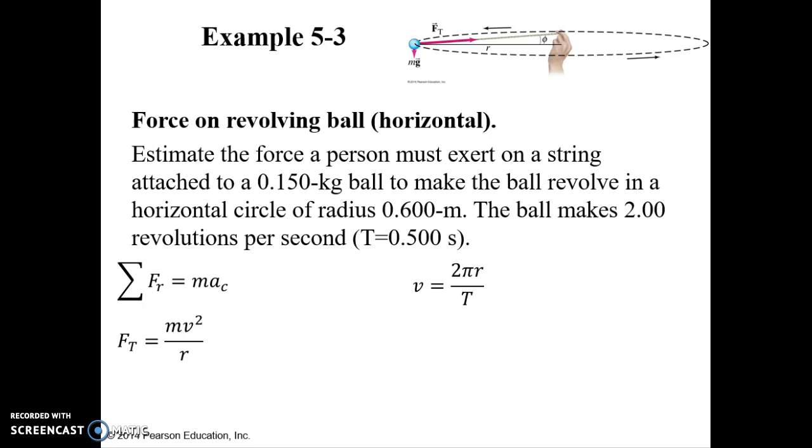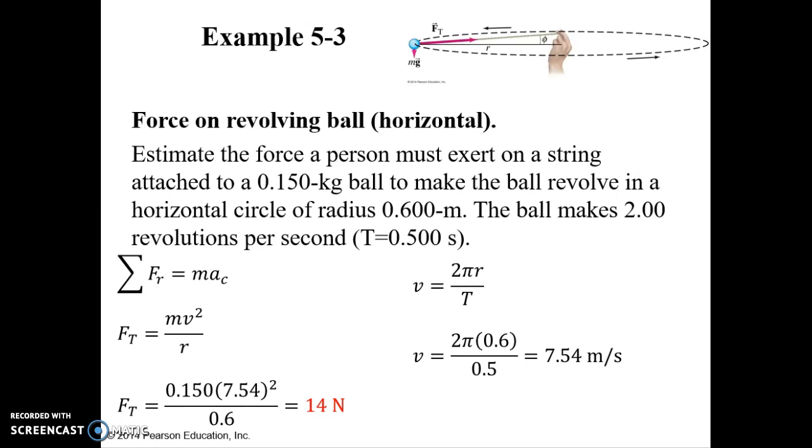However, we don't know the value of speed again. But, just like our previous problem, the distance around the circle is 2 pi r, and the time equals the period to complete one revolution. Plug and chug, and we get 7.54 meters per second. And now we can plug and chug to obtain tension, which equals 14 newtons.